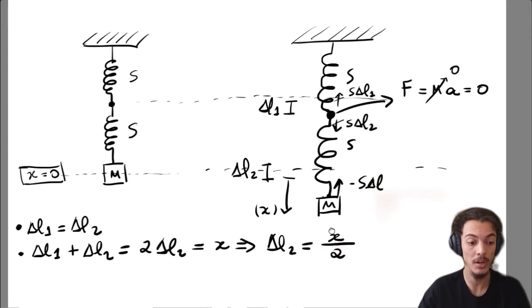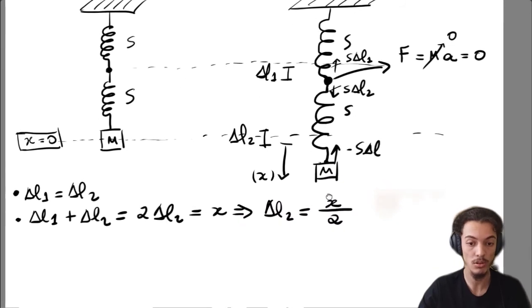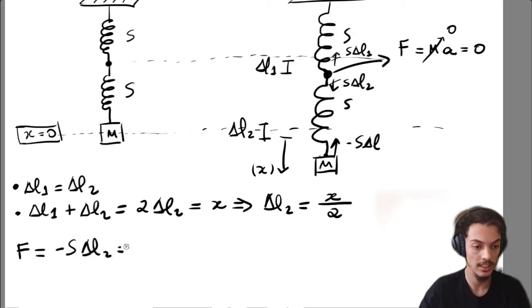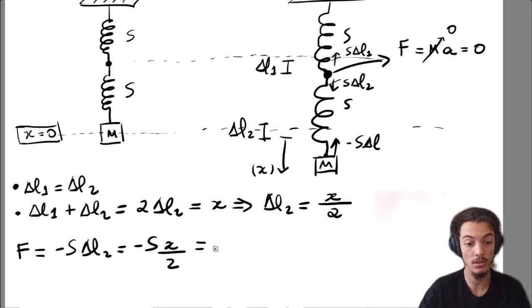And if we write the total force now acting on the mass, we will get that the total force is equal to minus S times delta L2, that in this case is S times x divided by 2. And this is also the mass of the system times its acceleration.